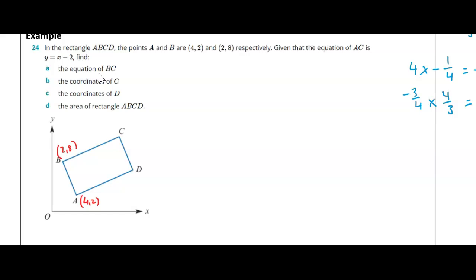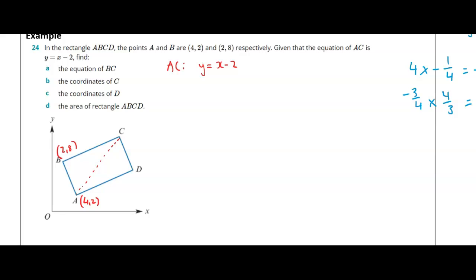All right, and the equation of AC. Sometimes I like to write things again, so just make sure you write it correctly. I didn't like how I wrote that, so let's try again. The equation of AC is y equals x minus 2. So AC is this line here.